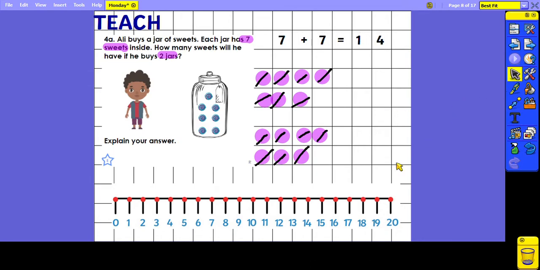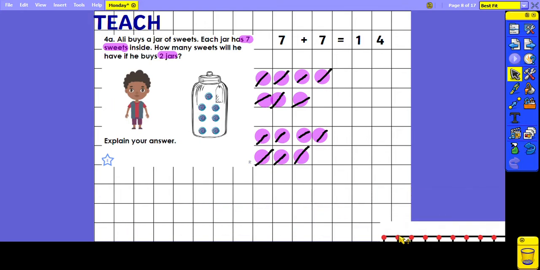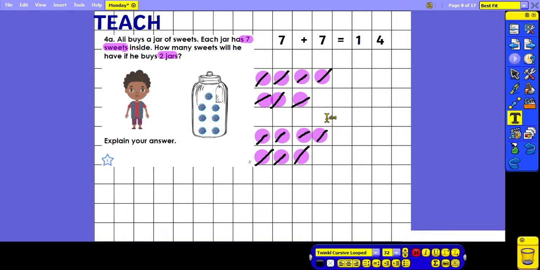Okay, now again you could have used the number line if you wanted to work that out, or you might just know in your head what 7 add 7 is, but we still need to explain how we've got our answer. So how many sweets will he have if he buys 2 jars?